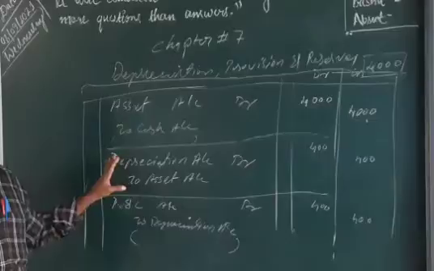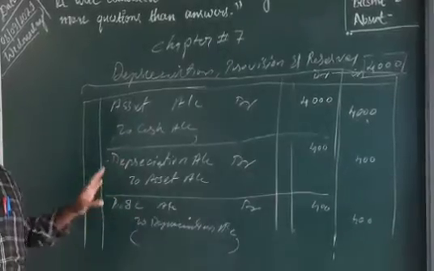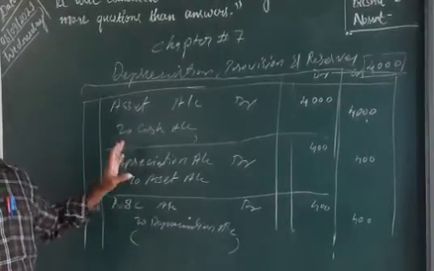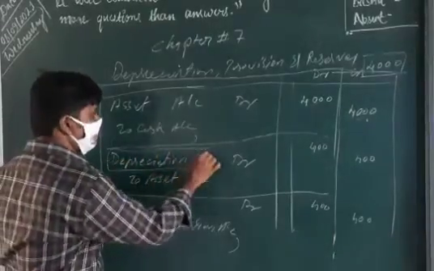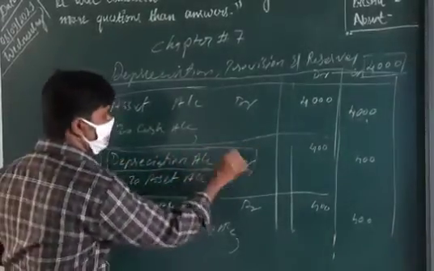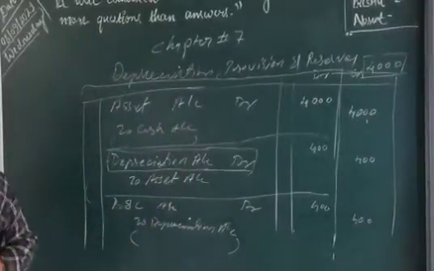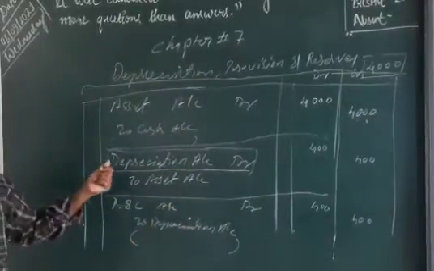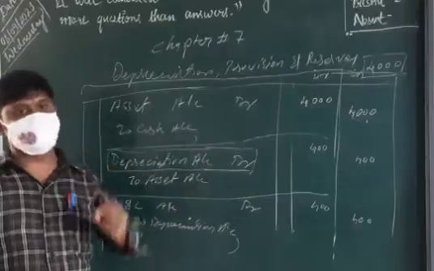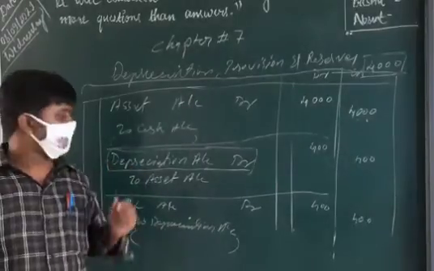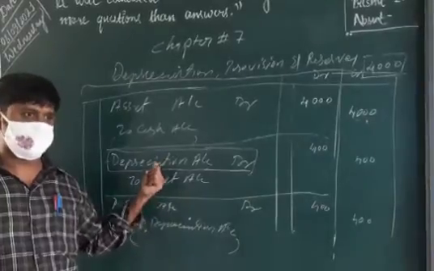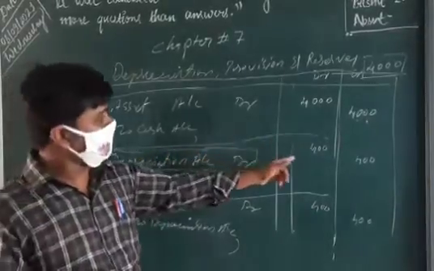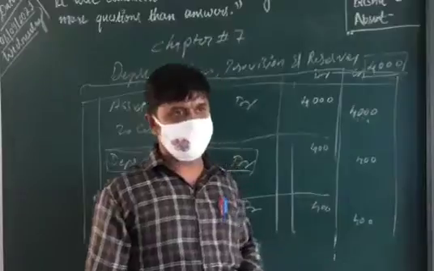We calculate the depreciation. So this depreciation, you understand, what is this? This is an expense. So we are applying that rule. When an expense is increasing, you debit that expense account, and the amount we mention here.